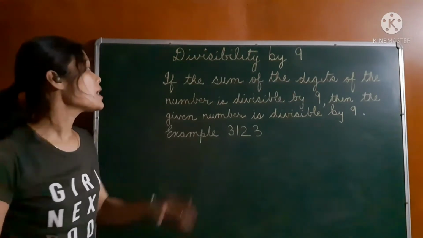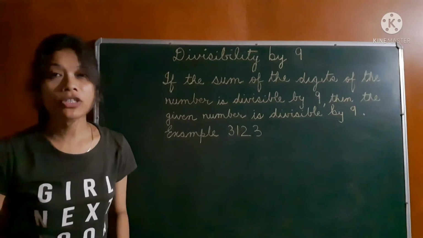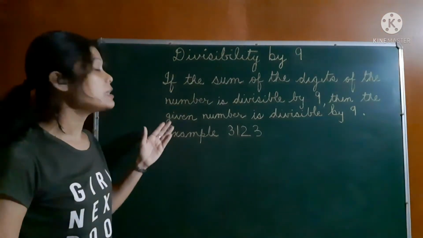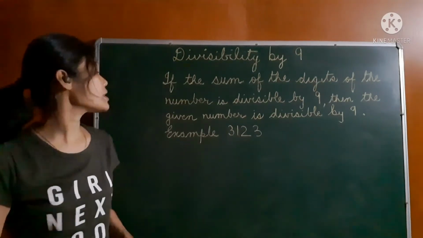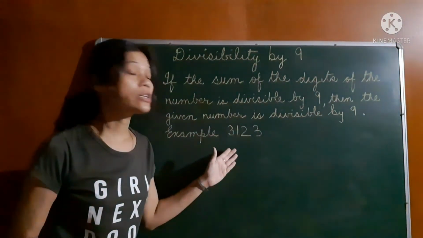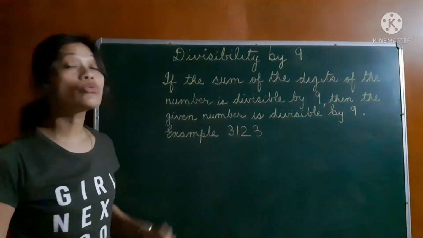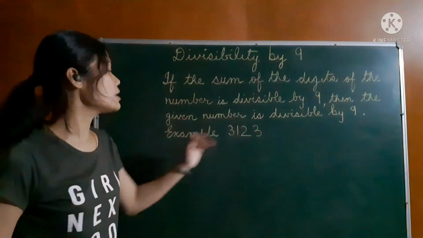Divisibility by 9. If the sum of the digits of the number is divisible by 9, then the given number is divisible by 9. So let's take an example. The number here is 3,123. So according to the rule, what we will do? We will add the digits of the given number.